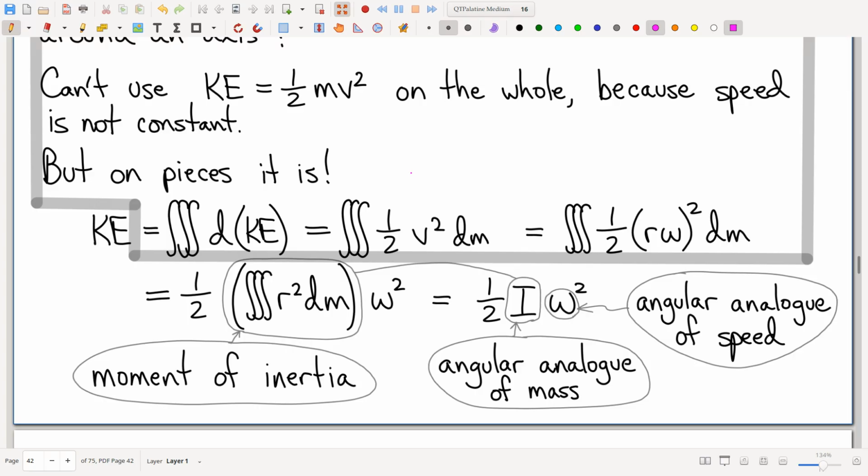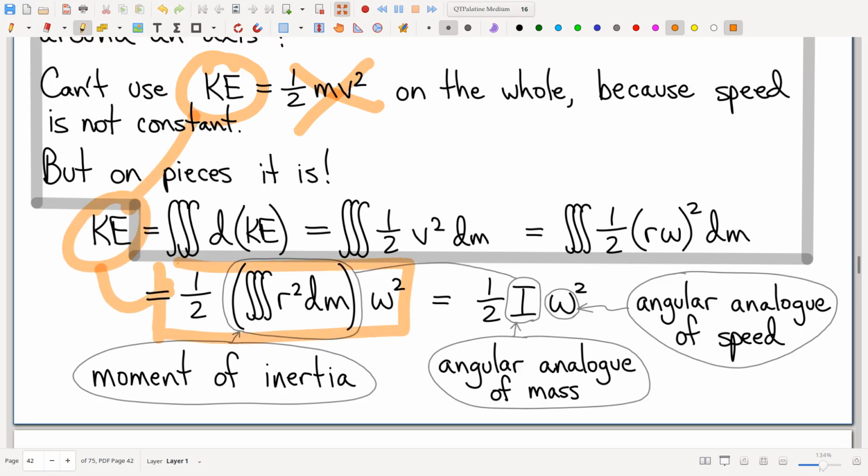Anyway, the punchline is that the kinetic energy that we can't compute with this formula, because velocity is not the same everywhere, we can instead compute with this formula. And you look at that formula and you think, that's pretty inconvenient. It's a pretty unnatural looking formula until you notice that this thing here doesn't directly have anything to do with the motion.